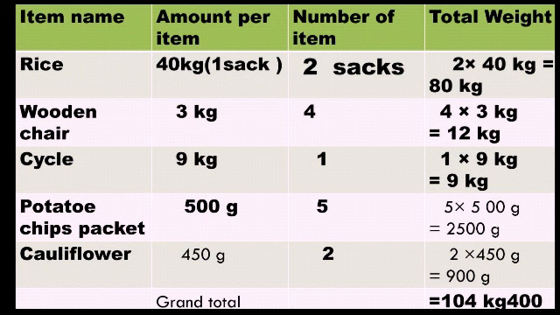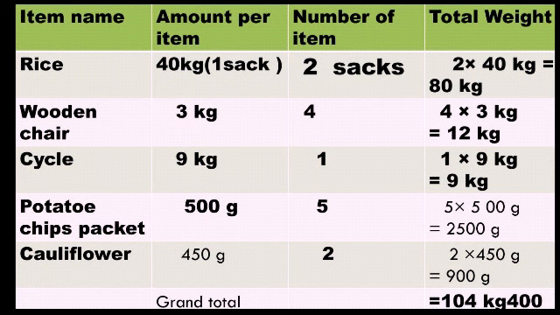So the total weight is 2 into 40 equals 80 kg. Wooden chair, he bought 3 kg wooden chairs, and the number of wooden chairs he bought is 4. So 4 into 3 equals 12 kg. Next cycle, he bought 9 kg, and the number of items is 1. 1 cycle he bought, and 1 into 9 equals 9 kg.